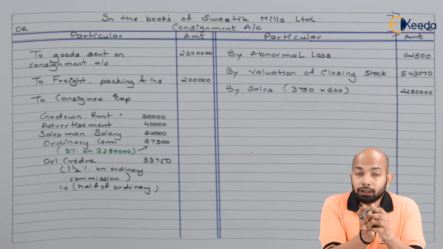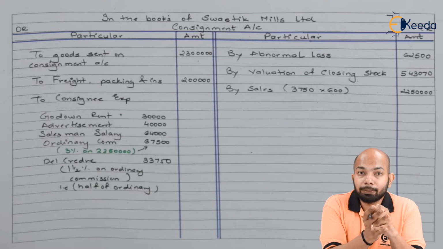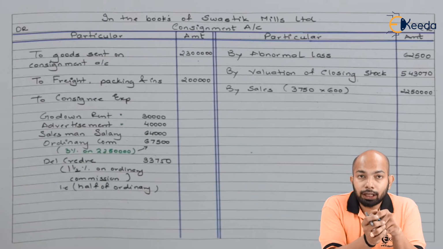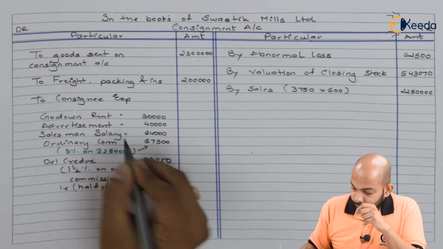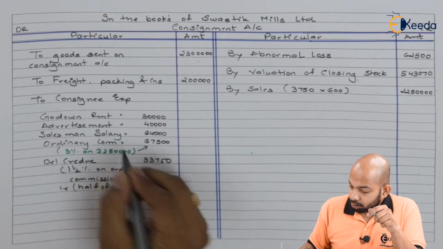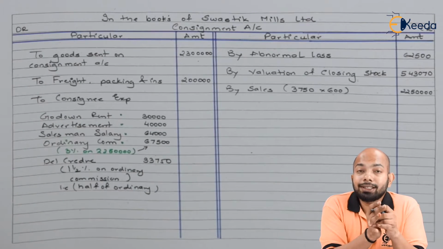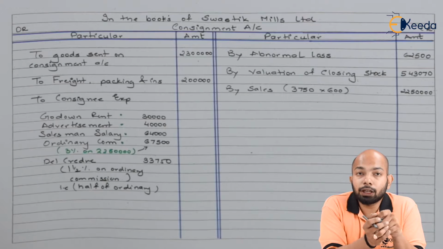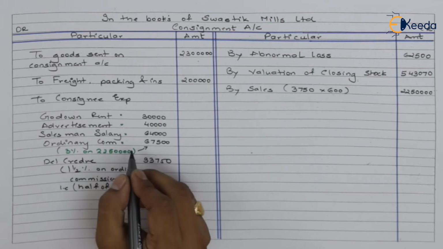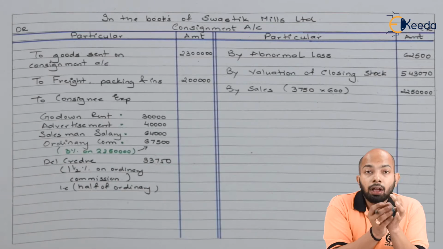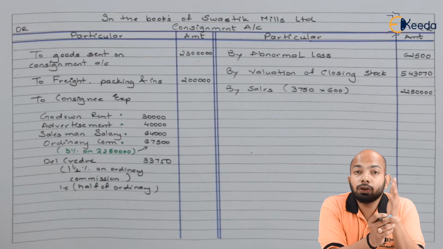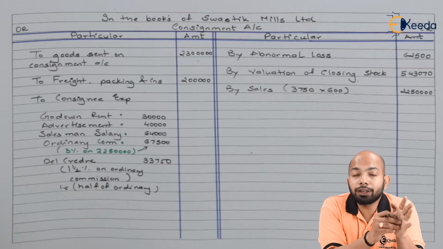Going down, rent 30,000 has been mentioned here on the debit side. Advertisement has been mentioned 40,000. Salesman salary 64,000. Now the ordinary commission is 3% on 22 lakh 50,000, that is the sale value, which is 67,500. After which the del credere commission is 1.5% of whatever commission that we have earned in ordinary.